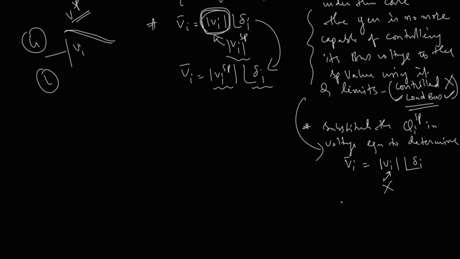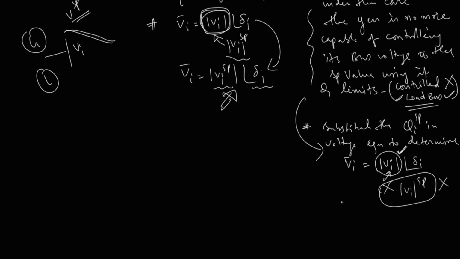I will not replace this voltage by Vi specified. This I don't do here, but I do it if it is within the range. But in case it is violating, I take the actual quantity which I obtained in solving the equation, straight away the same value, but do not replace it with the specified, because it is not a control bus anymore, right?